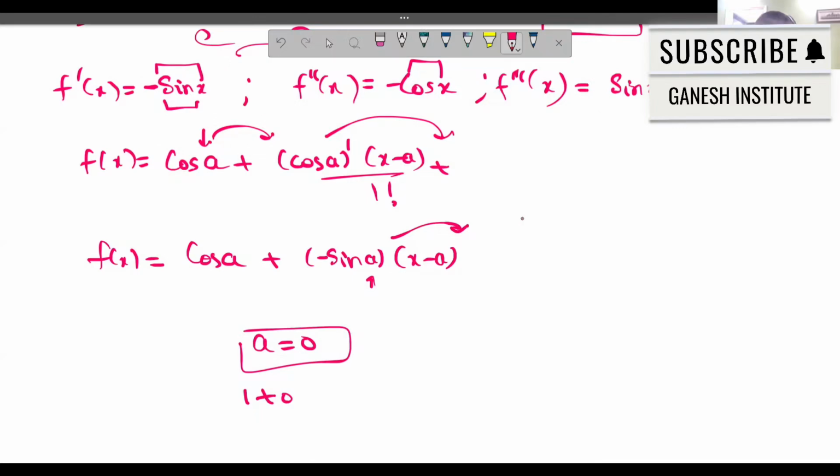So 1 plus x, no, it is 1 plus zero, zero means 0. Yeah, 0 plus next.